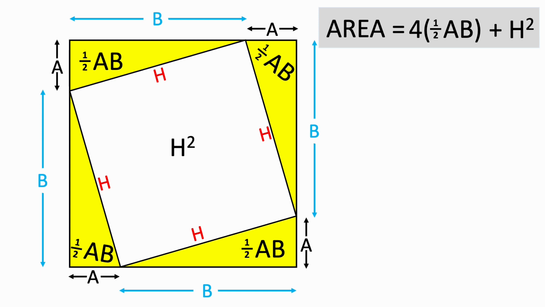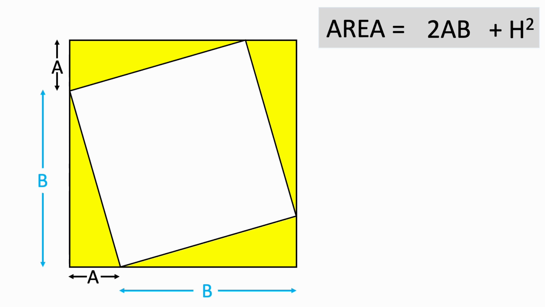Now 4 times a half AB simplifies to just 2AB. So the area of the whole thing is 2AB plus H squared. But there is another way we can think about calculating the area of this, and that's by just looking at the length and the height of the whole figure.